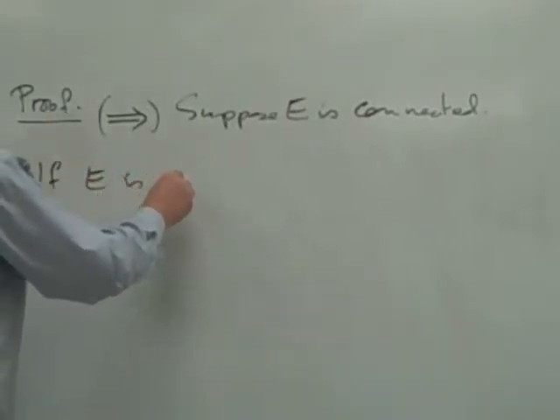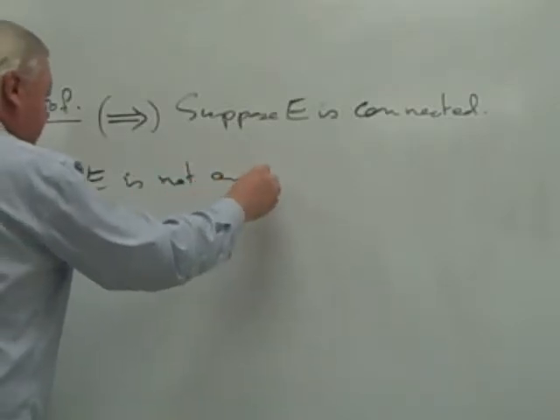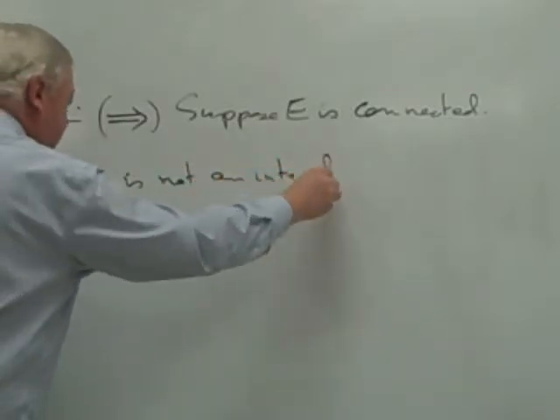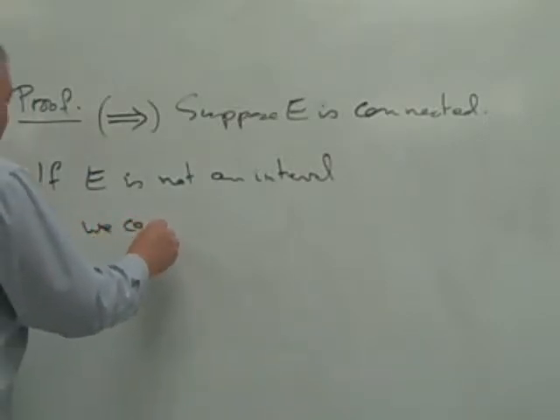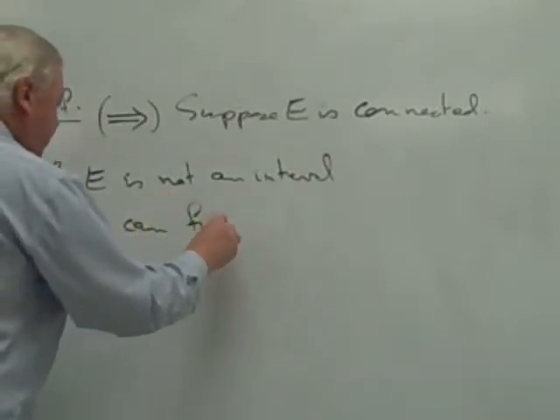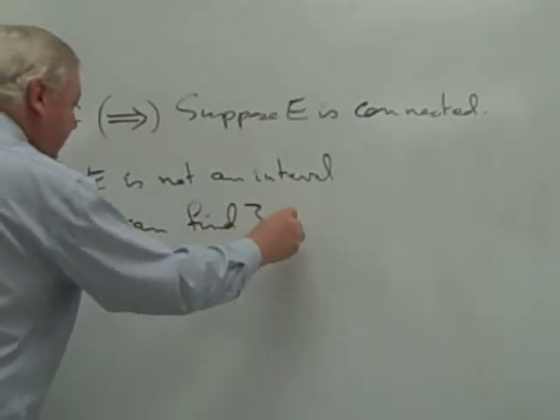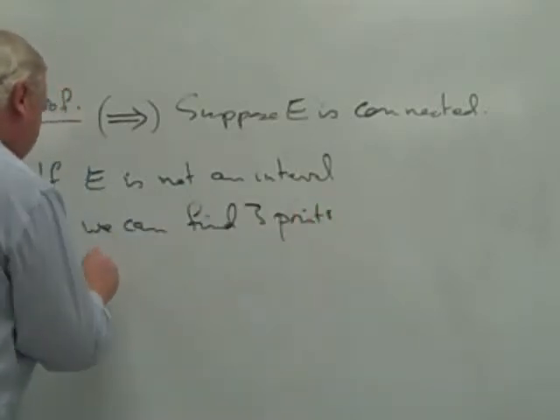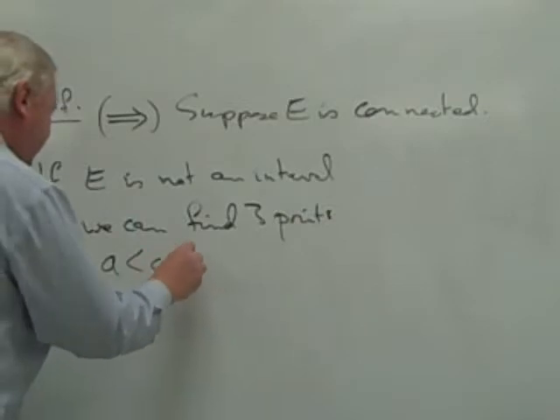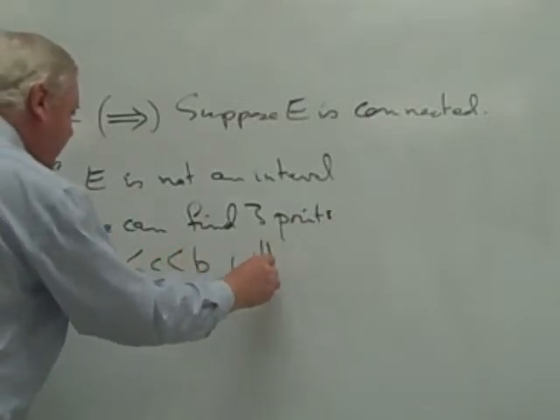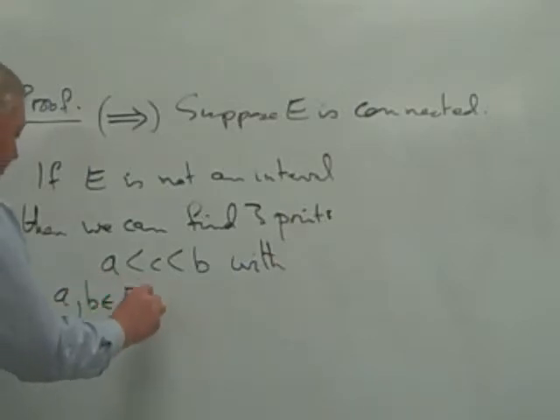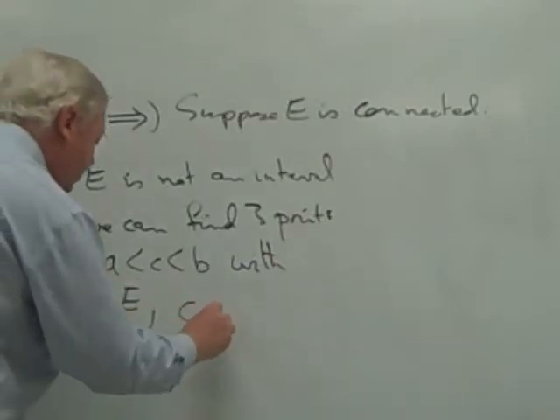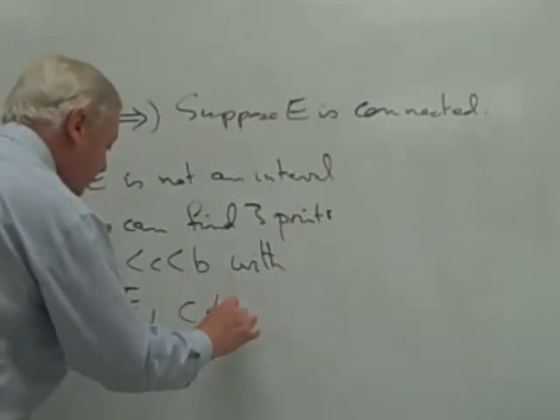If E is not an interval, then we can find 3 points, A less than C less than B, with A and B in E, but C not in E.